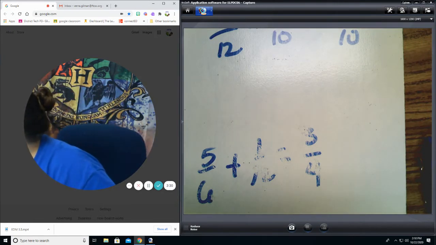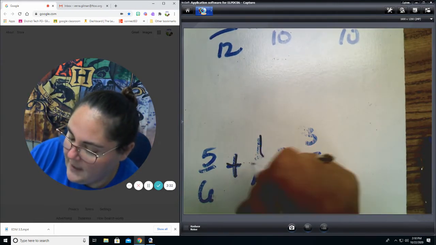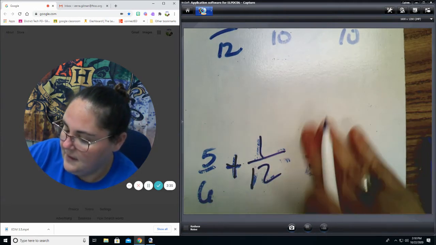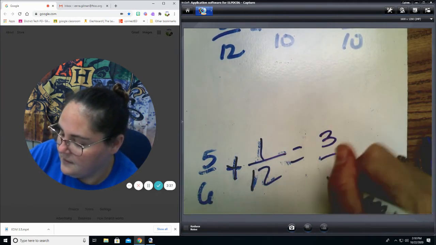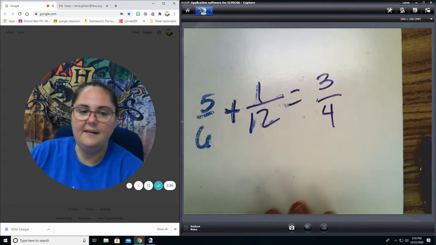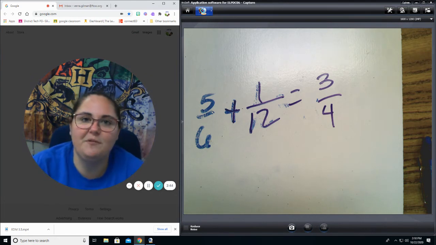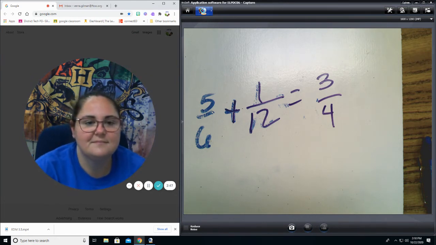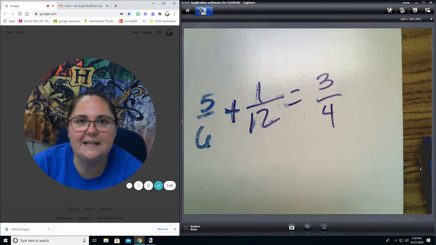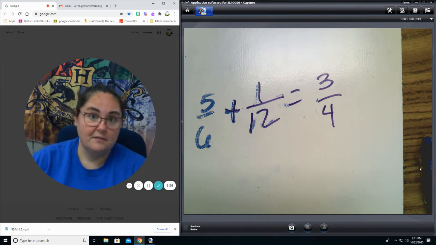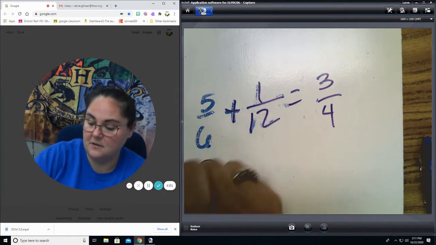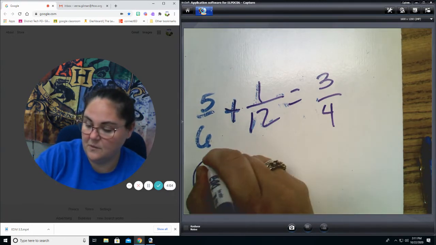It's 5/6 plus 1/12 equals 3/4. 5/6 plus 1/12 equals 3/4. What do you think? The way I would look at this, I would draw two pictures. I would draw my circle with my 6.